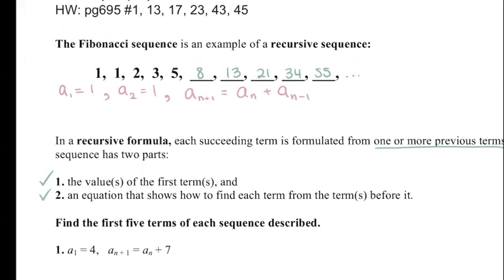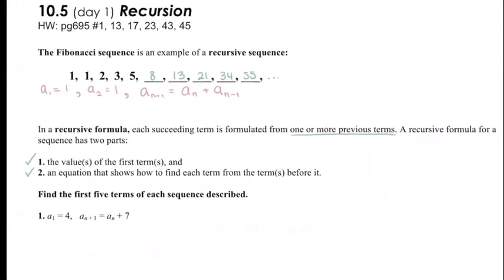Now, you might be wondering, where did that equation come from? Let me explain. When you have A sub n, that's just a term. If you want to find the one after, that would be A sub n plus 1, one term after this initial term. If you want two terms after, it would be A sub n plus 2.